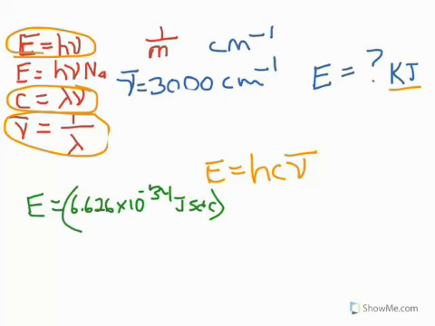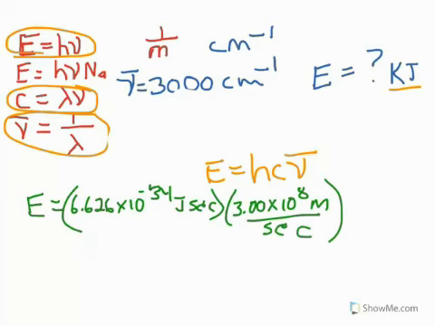That's Planck's constant h, times the speed of light, 3.00 times 10 to the 8th meters per second, times the nu bar, which is 3,000. I'm going to be real careful here, centimeters per on the bottom. I do it that way because I want to convert centimeters to meters.